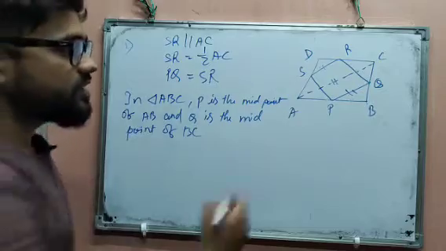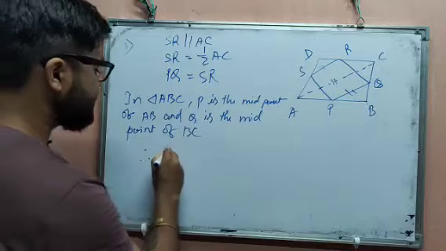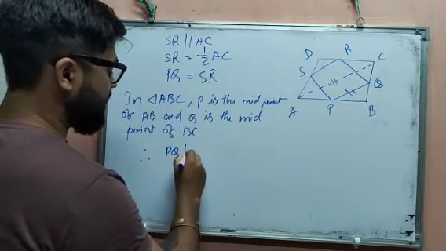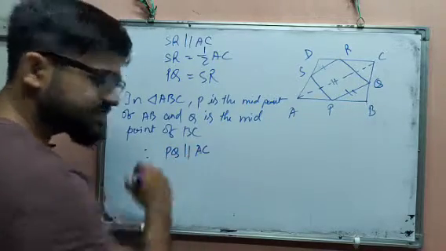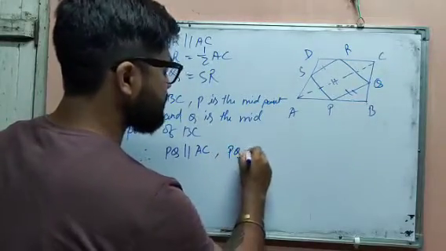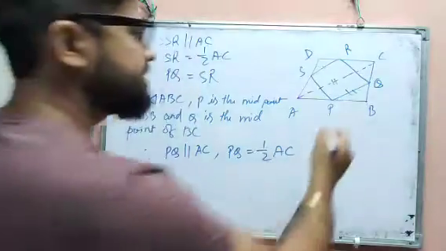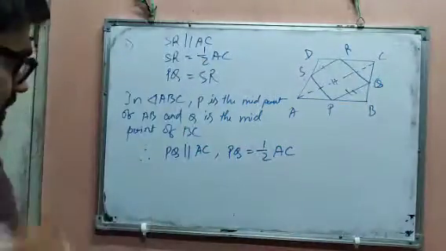According to the midpoint theorem, these two midpoints are connected by the line PQ. Therefore PQ is parallel to AC, and PQ is equal to half of AC according to the theorem.